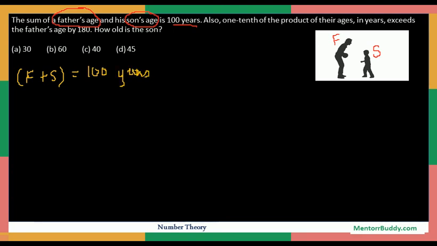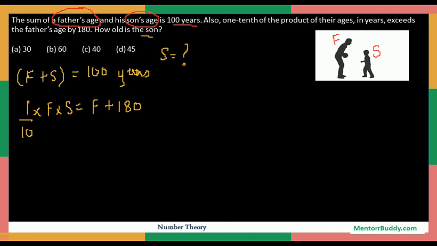Now further it says 1/10 of the product of their ages is exceeding the father's age by 180. So this is going to be the father's age and exceeding by 180, so plus 180. Now further it says how old the son is, so we need to figure out the value of s.